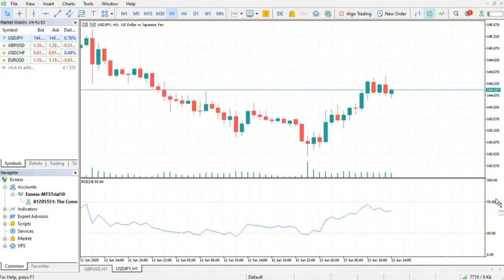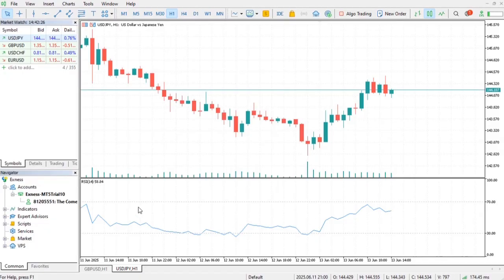So by default we have the 70 and the 30 level here, and whenever we see this line drop below the 30, it is telling us that price is at a discount, which means that price is being oversold here, and it is ideally a good point for us, if we are in a bullish condition, to buy from. Now the opposite is said when price trades above the 70. Once this line goes above the 70, it is telling us that the price of that asset might be weak and we want to consider selling.